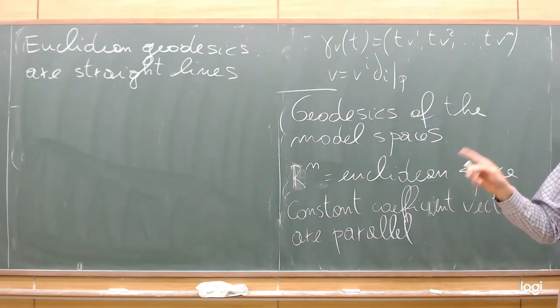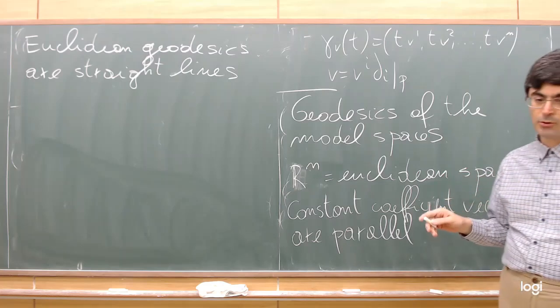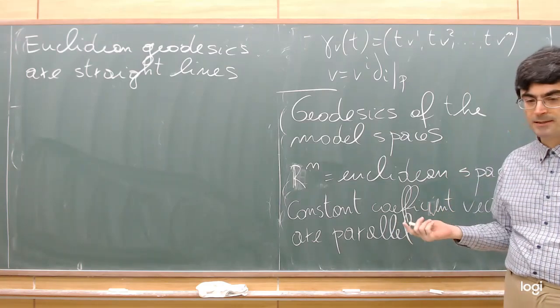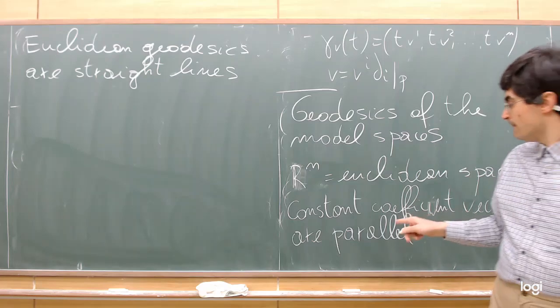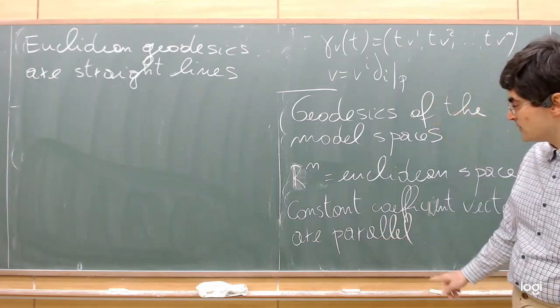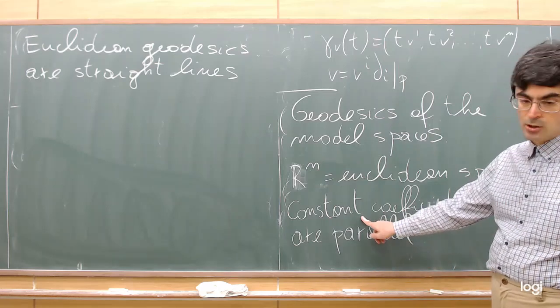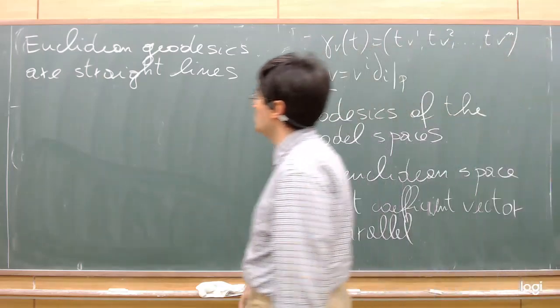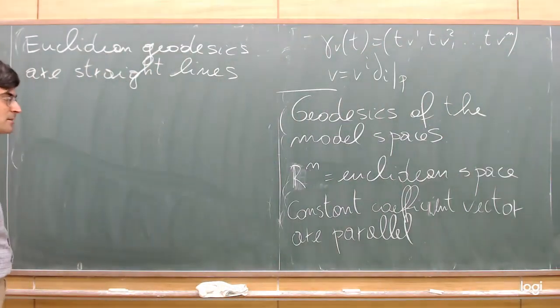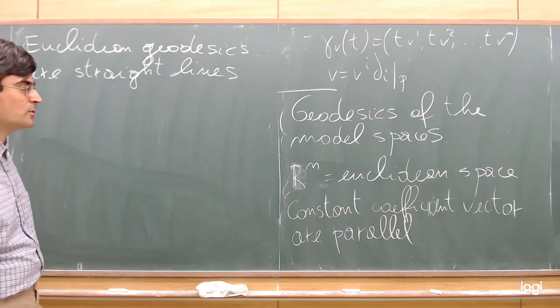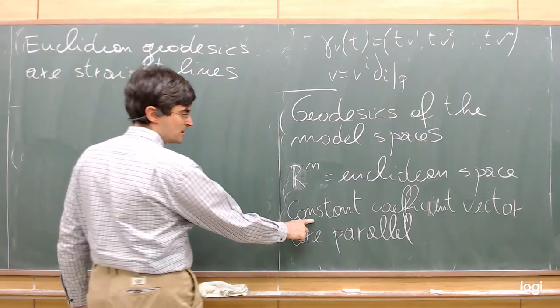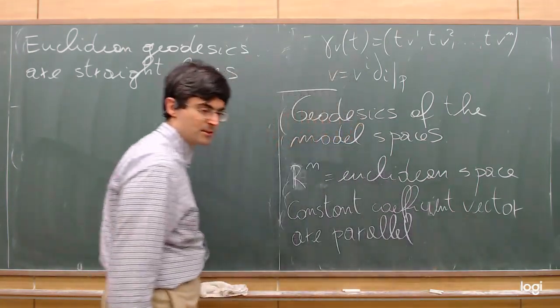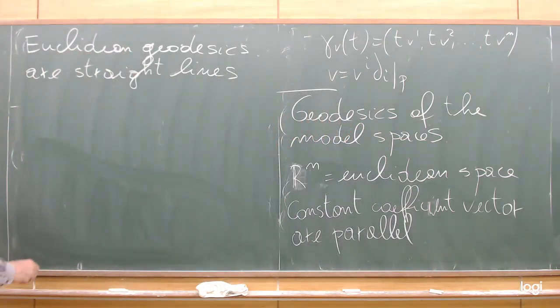A curve is a geodesic if the velocity vector is parallel. This says that the velocity vector must be a constant coefficient vector, and a curve which has a velocity vector which is a constant coefficient vector is a straight line.